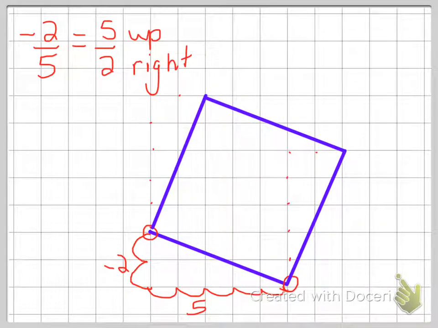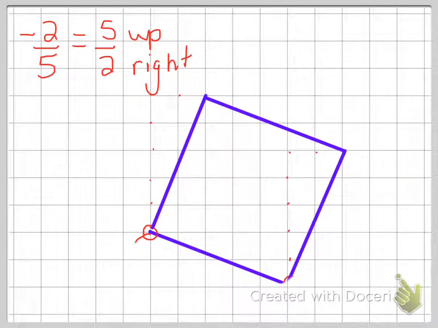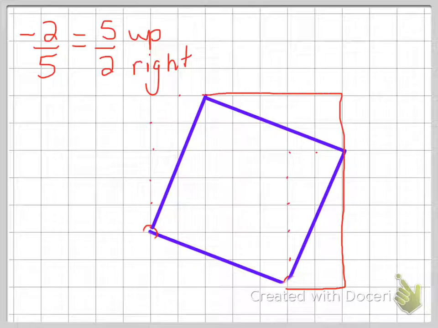Now the next thing I have to do is use surround and subtract to find the area of this square. But first I'm going to get rid of the work that I did to show you the slope. So here we go, surround and subtract. So we're surrounding with a rectangle.